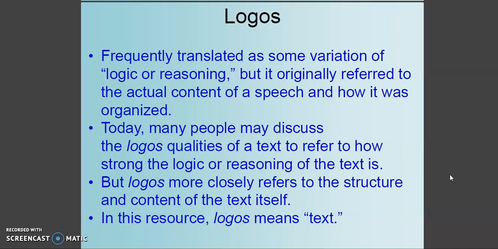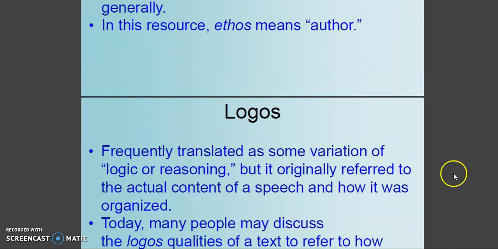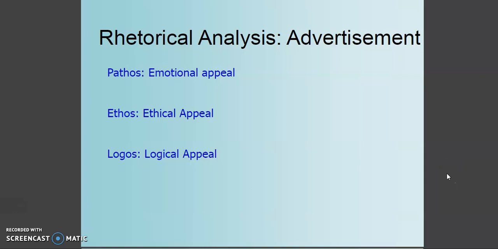Logos can relate to an article that you just wrote about how you believe that there should be more parking at your church. The logos of that would be, there should be more parking at the church because more people attend the church now, or there's not enough parking spaces. That's logos. That's your logic or reasoning. But either way, going back up, pathos, ethos, and logos are three logical appeals that you will be talking about for your advertisement analysis.